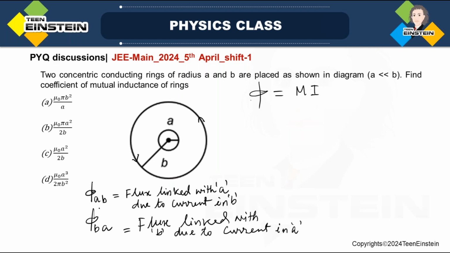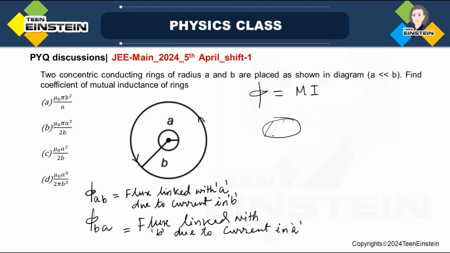That means phi AB means when I pass current in the bigger ring, it will produce a magnetic field, and those magnetic field lines will pass through this, right?